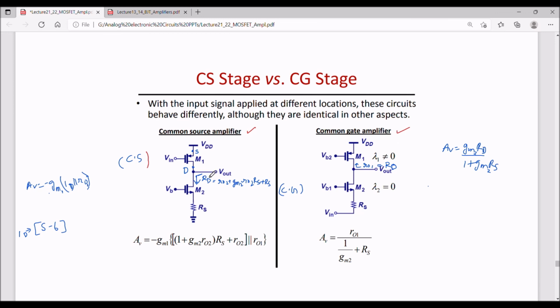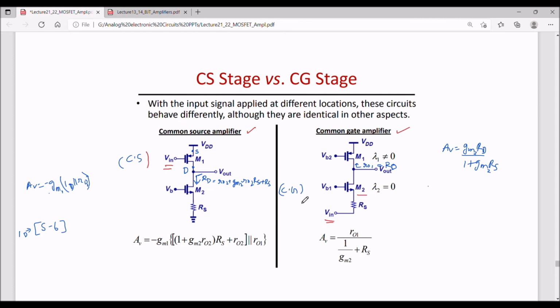And both of these two circuits look exactly the same. The difference you will notice is that input is applied here in common source at the gate, and in common gate the input is applied at the source side.